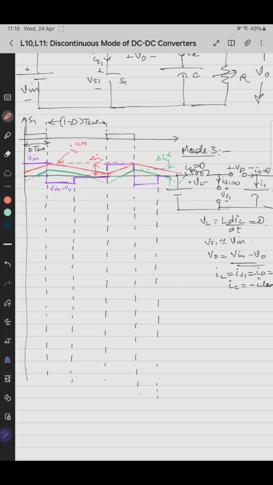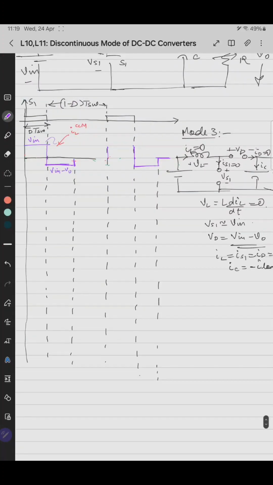In the waveform of IL, if inductance changes, then the slope of the waveform also changes. So we will modify the waveform of the inductor current according to this understanding. We'll redraw the waveform of the inductor. First is plus V, this is the inductor voltage.